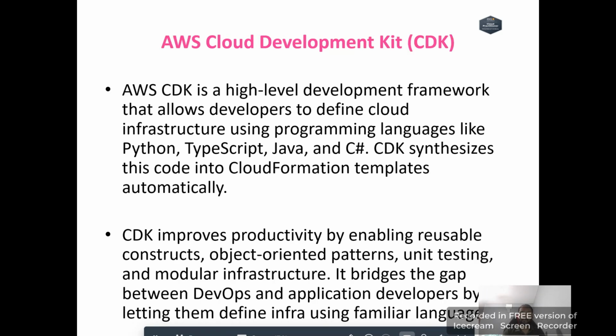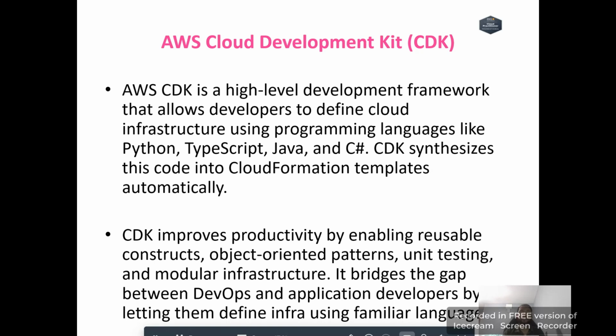AWS Cloud Development Kit. AWS Cloud Development Kit is a high-level development framework that allows developers to define cloud infrastructure using programming languages like Python, TypeScript, Java, C Sharp. CDK synthesizes this code into CloudFormation templates automatically.